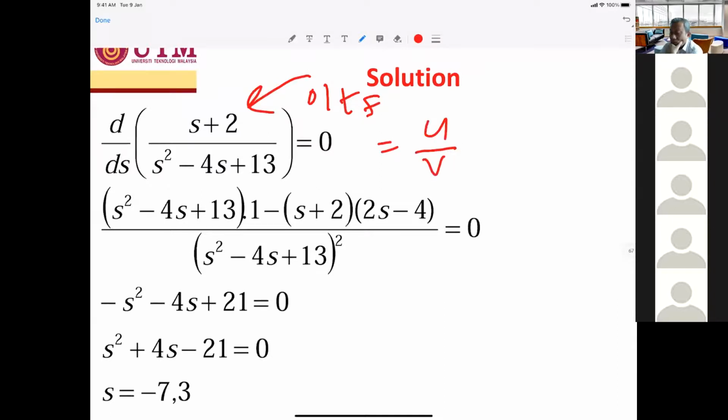If you want to differentiate, you have to use the concept of (v du minus u dv) divided by v squared. Simplify, and you get this quadratic equation, and you get the values minus 7 and 3.